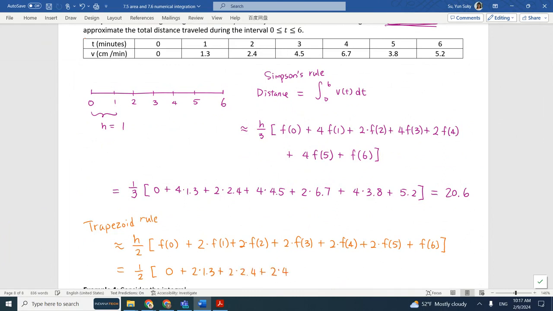Change the 4 to 2. Only change those 4 numbers. This will save you some time.